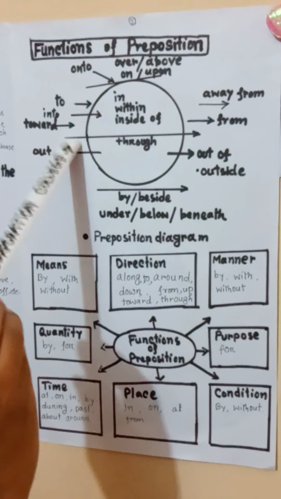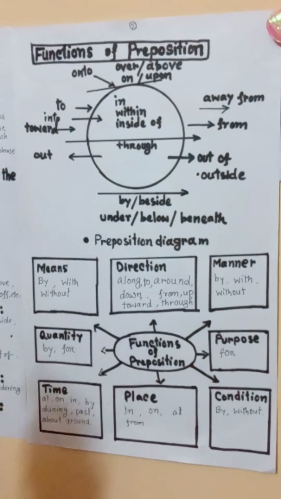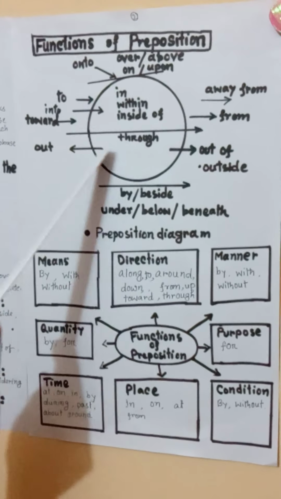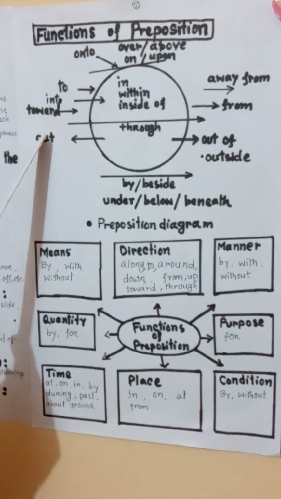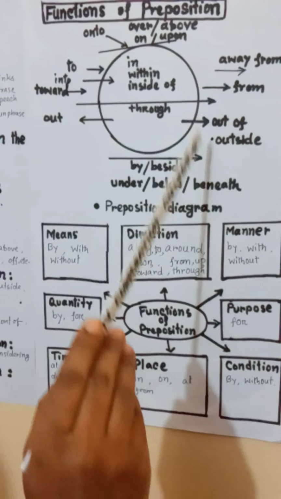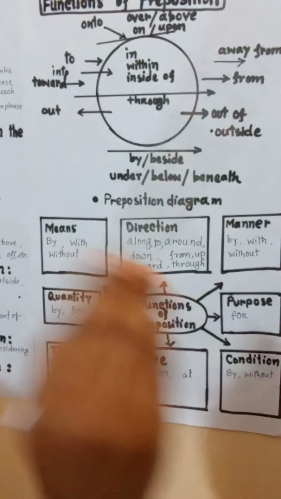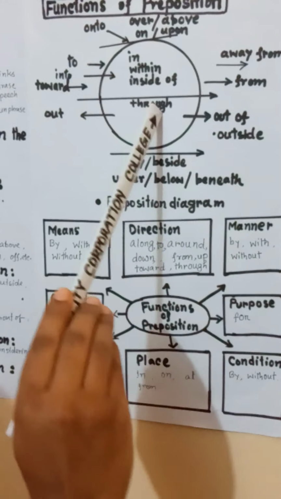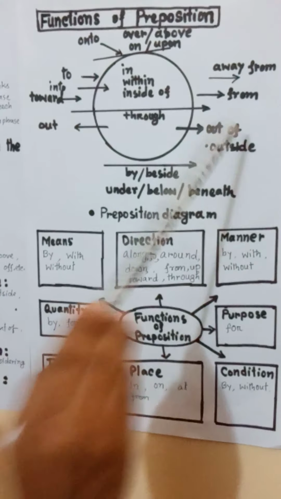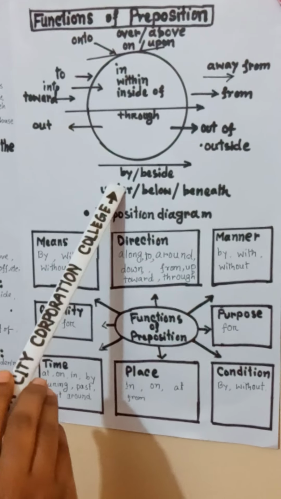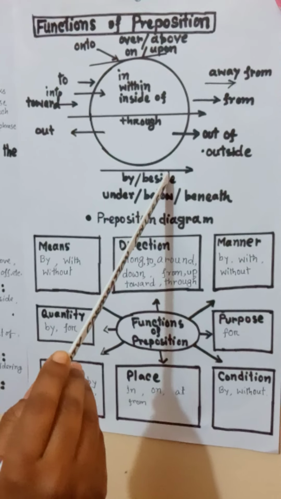Then toward, we can use toward instead of into. Out, if you are out of this room or this area, out or out of. But if anything is outside of this area, it is still, but there is movement. Look, by or beside.